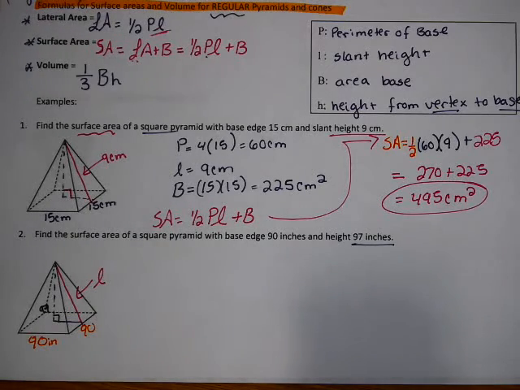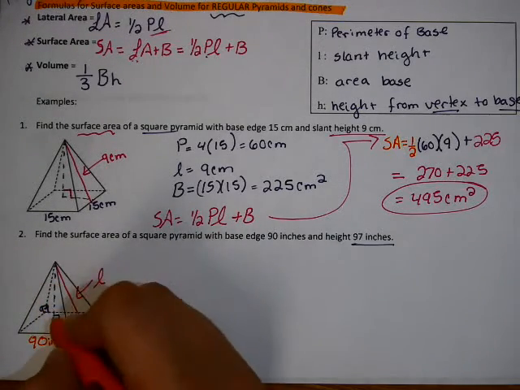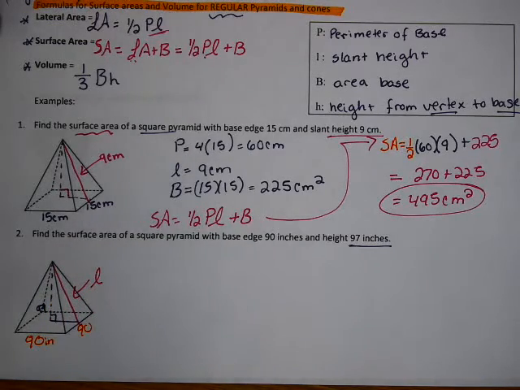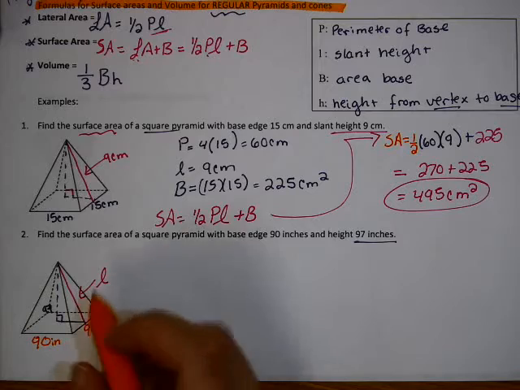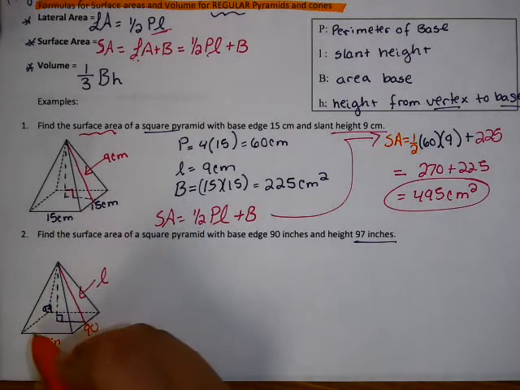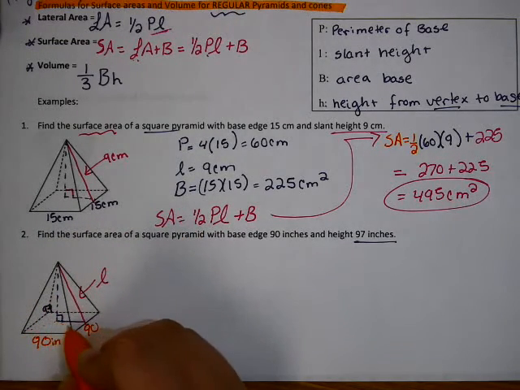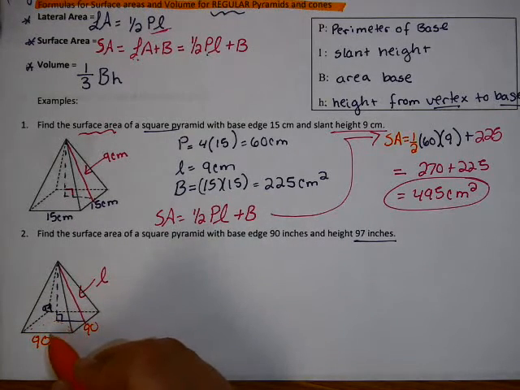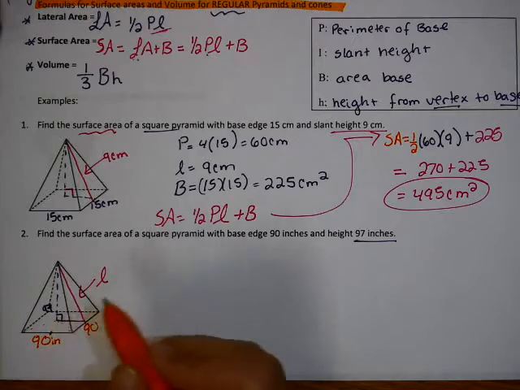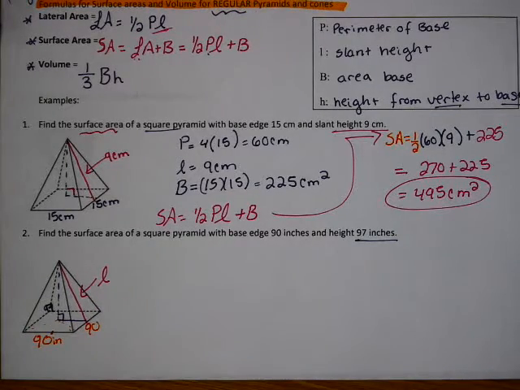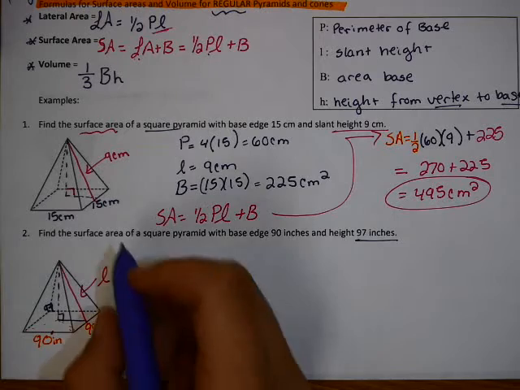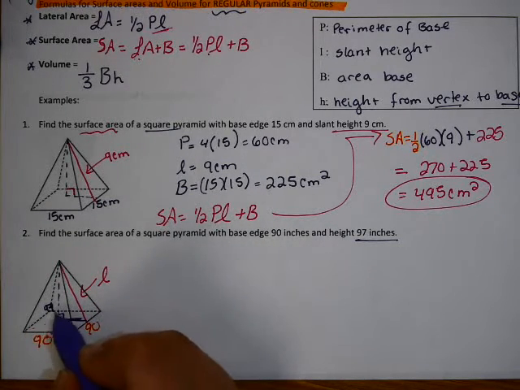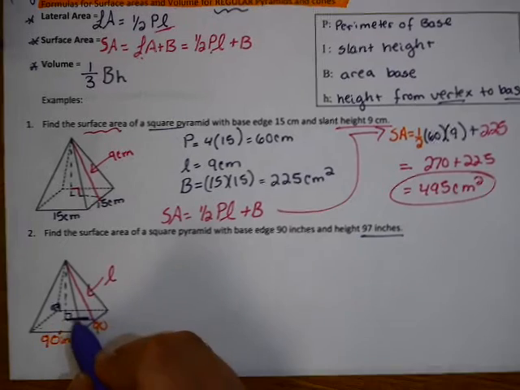All right, so how do we solve this? Well, notice this is a right triangle, and because we have a square base, if you remember, the apothem is also half of our sides, only for a square. When I talk about the apothem, I'm just talking about the apothem from the base view.